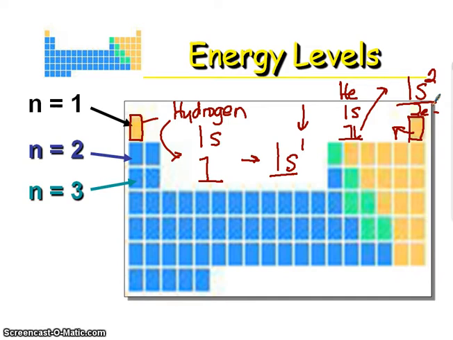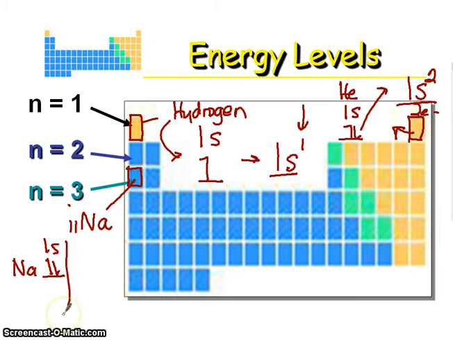And if we went on, let's say we go down here to our third floor. This is sodium here. Sodium's number 11. So where do all the electrons live in sodium? Well, the first thing that would have filled would have been our first floor. So the first 2 electrons of sodium would be found in the 1-bedroom apartment on the first floor.